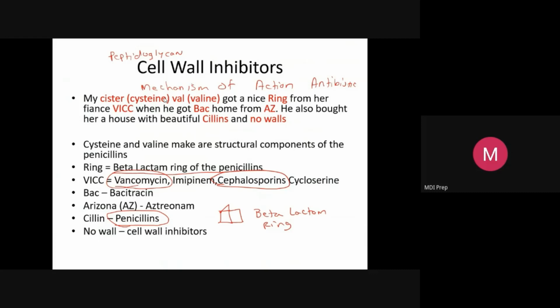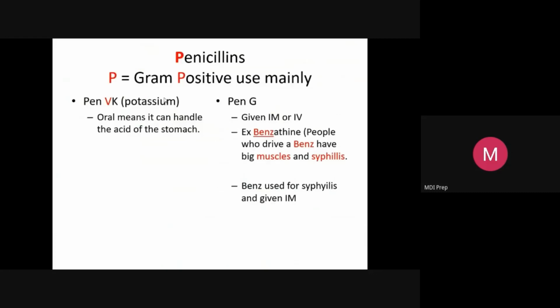That's their mechanism of action. They inhibit cell wall synthesis. And then you say penicillin has a beta-lactam ring, which is the structure of penicillin. Very good. All right, now explain this next slide.